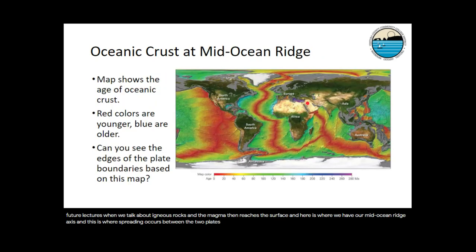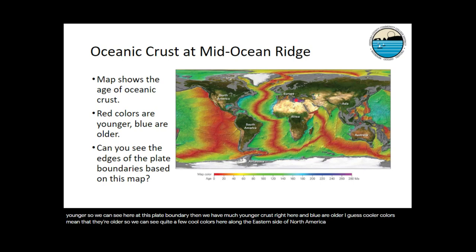So this map shows the age of the oceanic crust. Red colors are younger. So we can see here at this plate boundary that we have much younger crust right here. And bluer, or cooler colors, mean that they're older. So we can see quite a few cool colors here along the eastern side of North America.